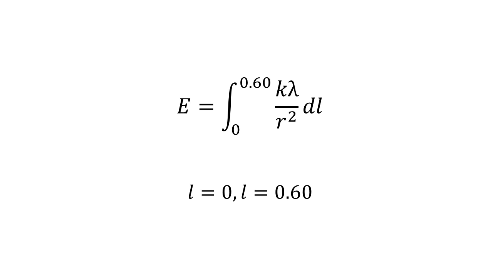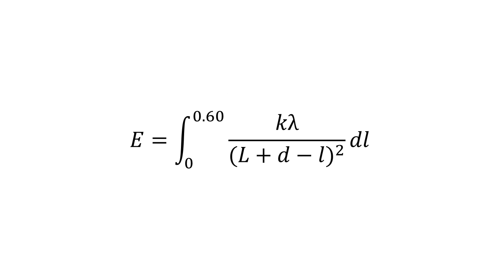The equation will stay the same, E equals the integral of k lambda over r squared dl. The limits of integration will change based on the l values you chose in the previous slide. So instead of going from 0.05 to 0.65, it will go from 0 to 0.6.